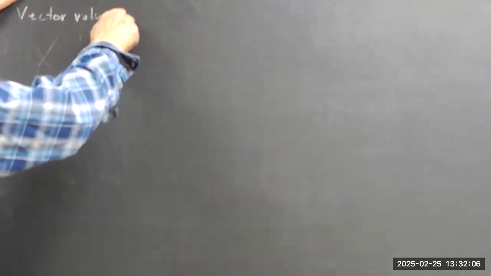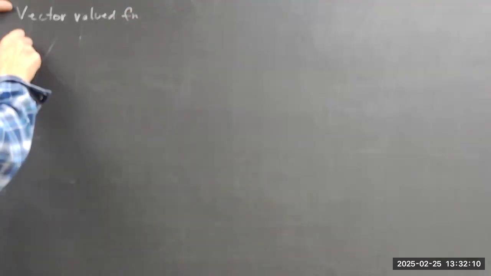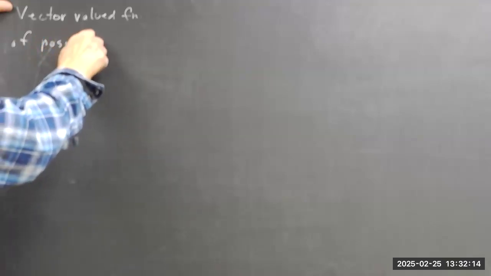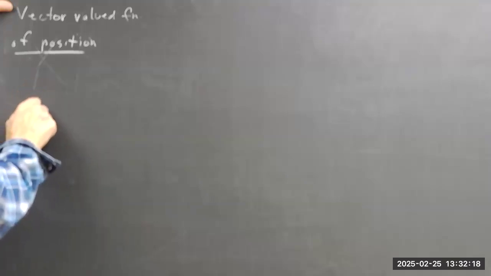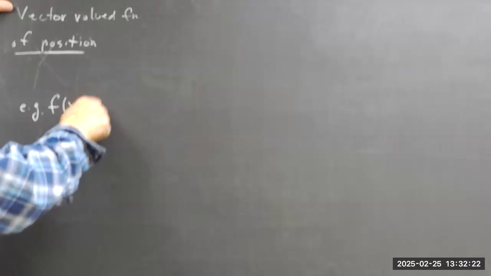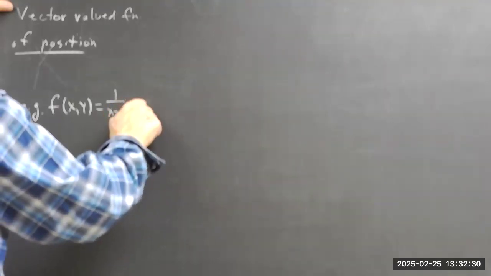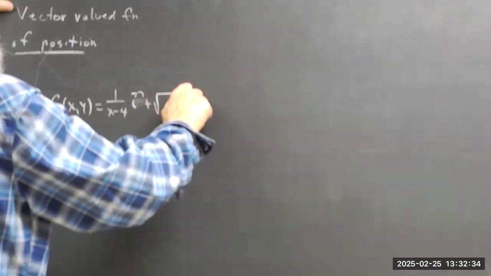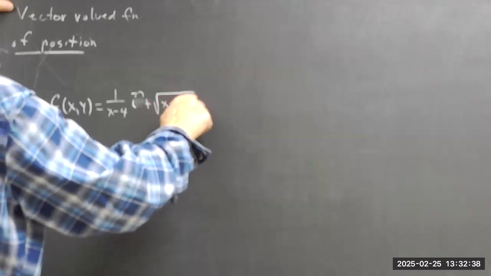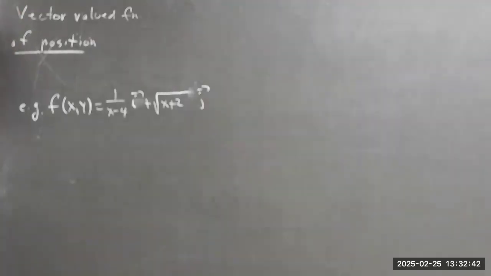Okay, chapter 4 is on vector valued functions in general, where the function is a function of position in space. So, example. Very simple example.